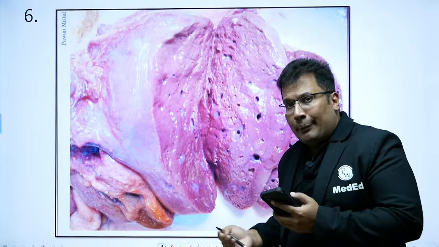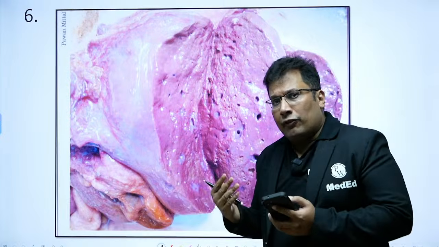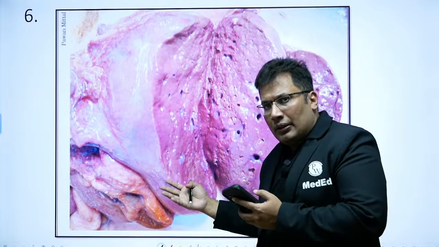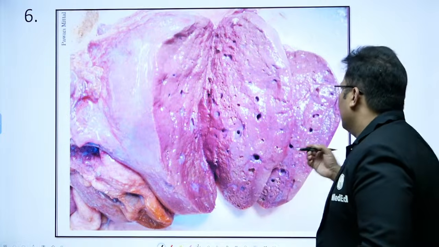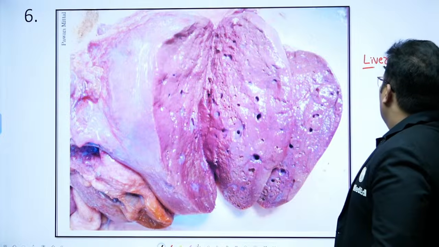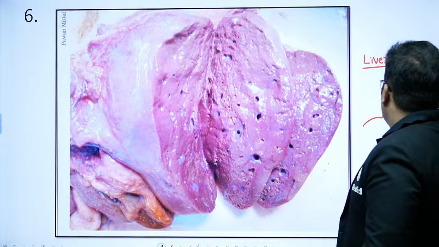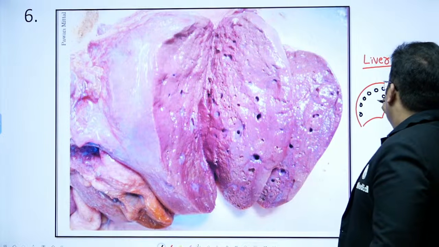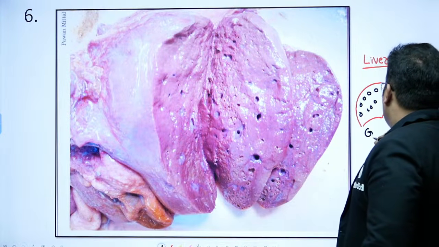Now one more important image taken from the standard textbook. This is a case of putrefaction and this is the liver, showing gas bubbles.